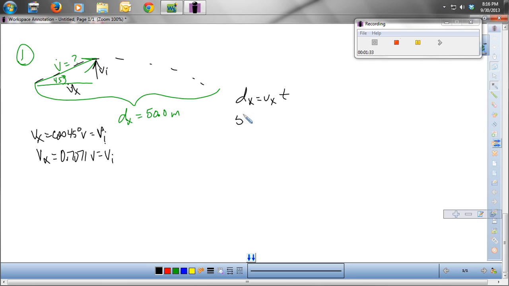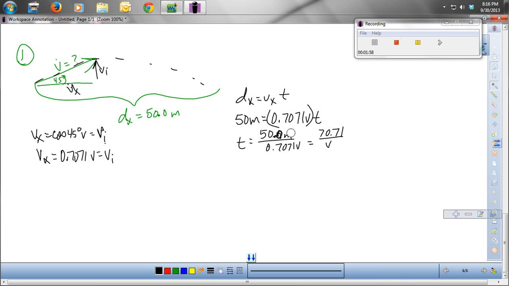So I said, well, 50.0 meters is equal to 0.7071 V times t. So my time is going to be, in terms of V, 50.0 meters over 0.7071 V. So when I divided that, I got an expression for my time to be 70.71 over V.